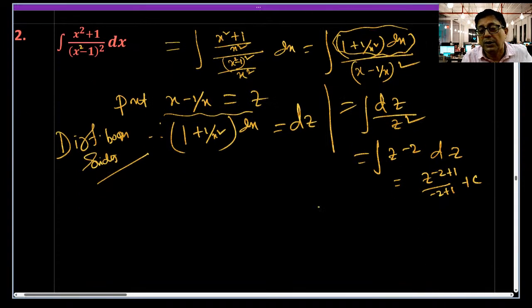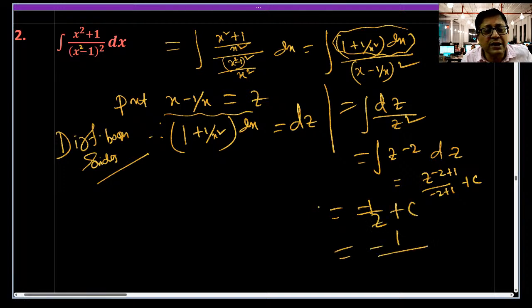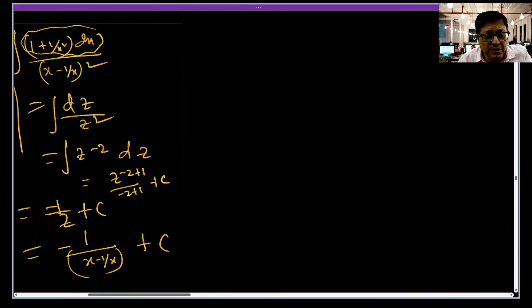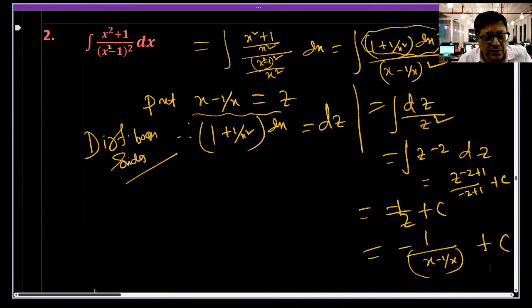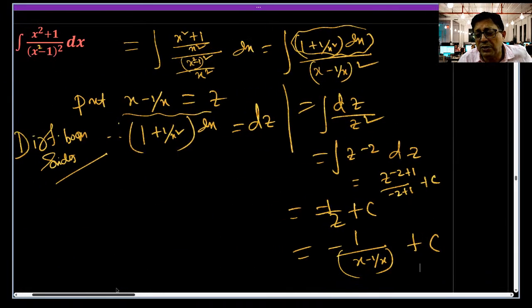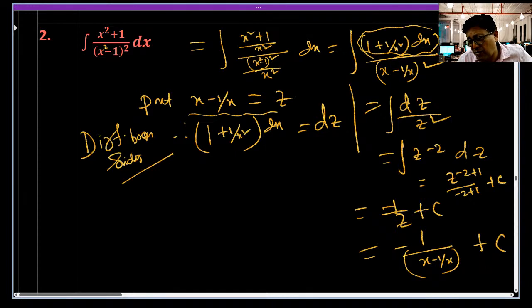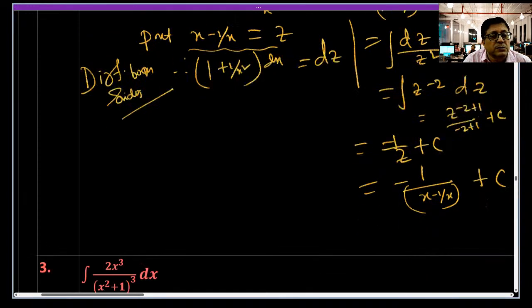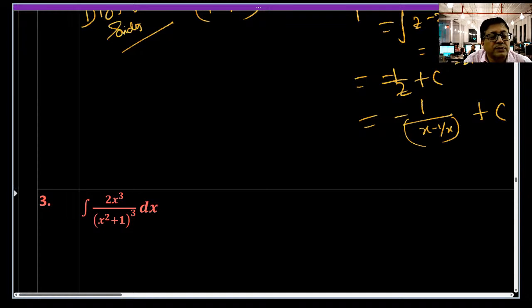Alright. So this will be 1 by z plus c. This is minus 1 by x minus 1 by x plus c. Clear? Understood? Ordinary substitution problems we are doing now. Okay? Go for next one.